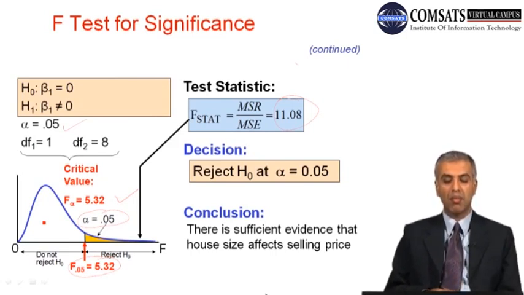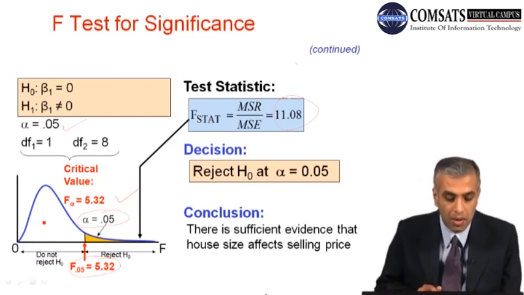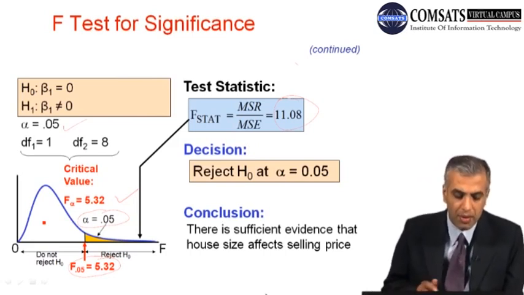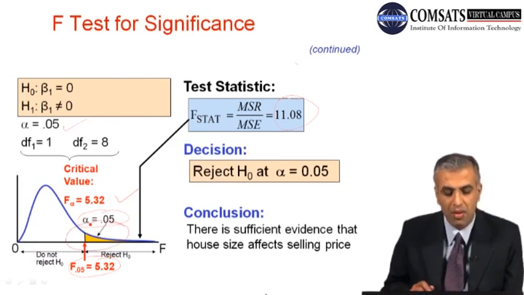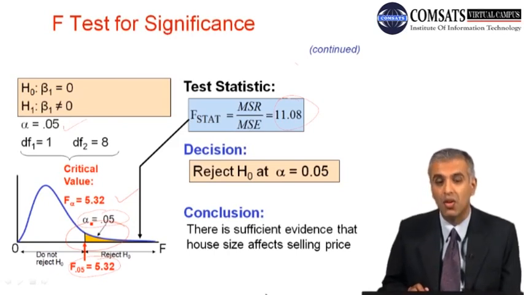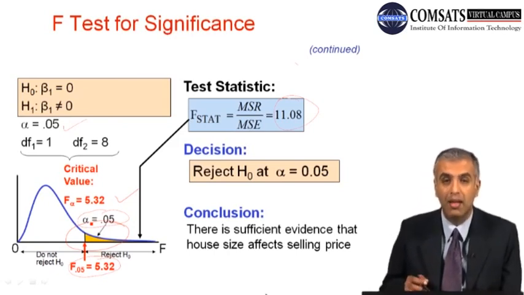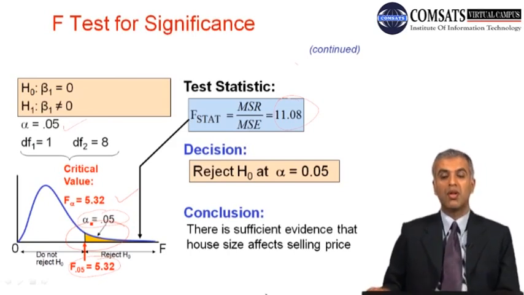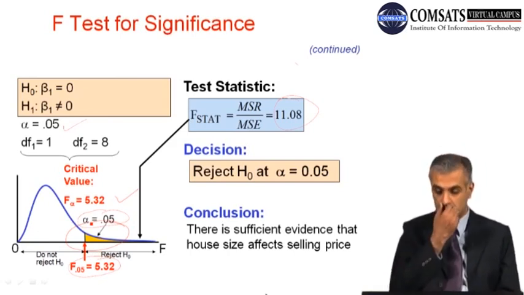So based on the plotting of that F-test value which we just found out, we have to see whether this value specifically falls under the acceptance region or rejection region, and based on that we have to accept or reject our null hypothesis.